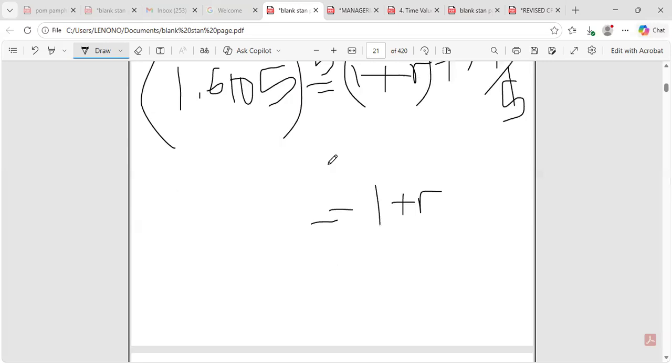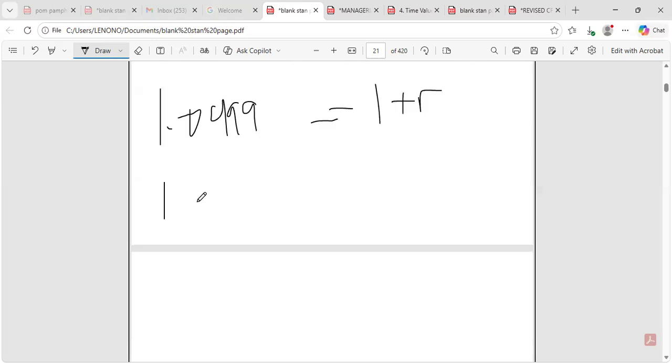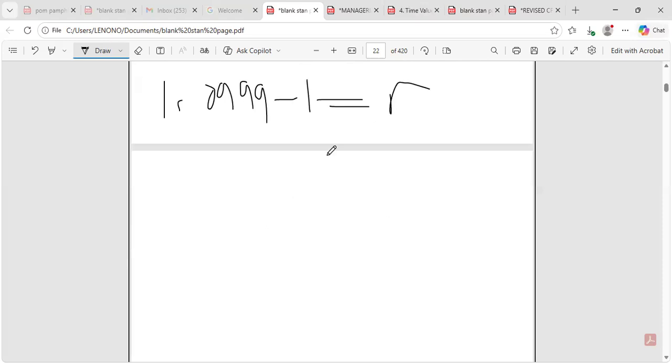So we are getting 1.0999. 1.0999 minus 1 is equal to r, so 0.0999. So 10% is equal to r.